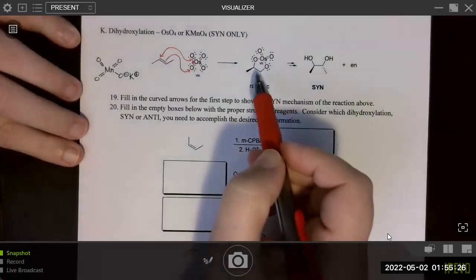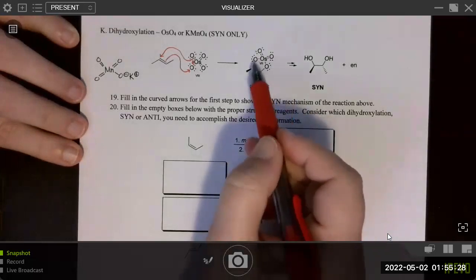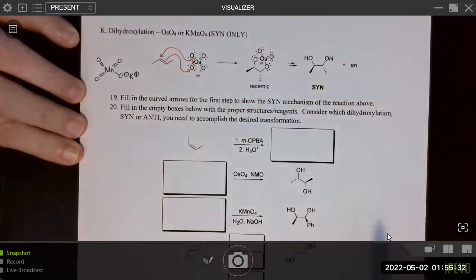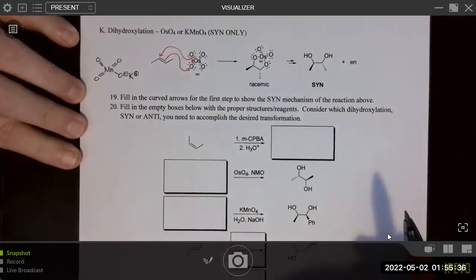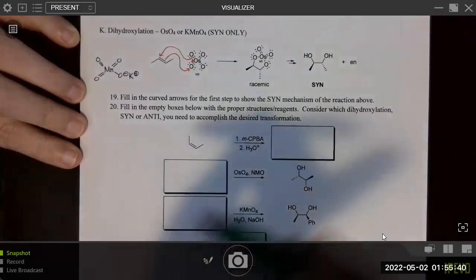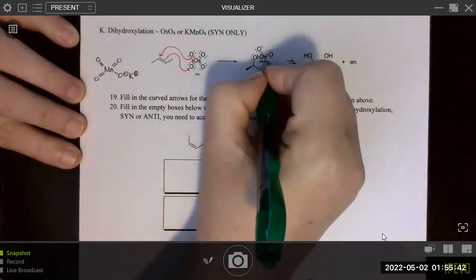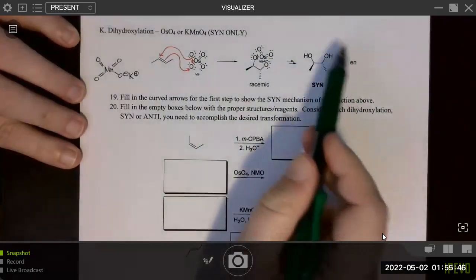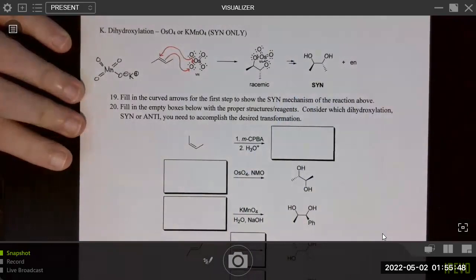This gives you syn product, right? These methyls were opposite, so they stay opposite. So this is called the cyclic osmate intermediate, which eventually undergoes cleavage of the oxygen osmium bond through a reductive workup. And that's how we end up with the syn addition product.